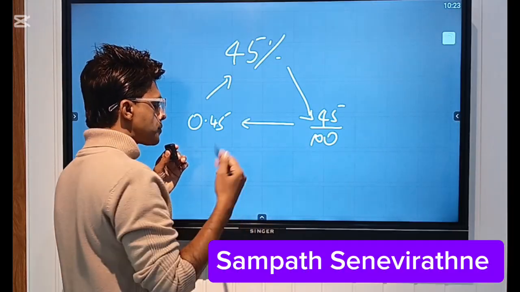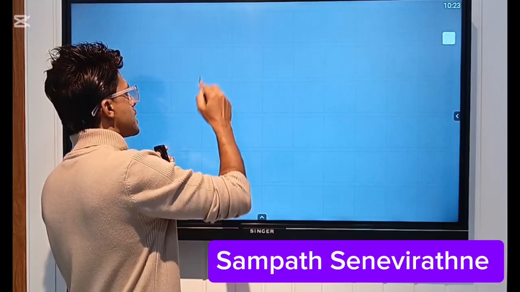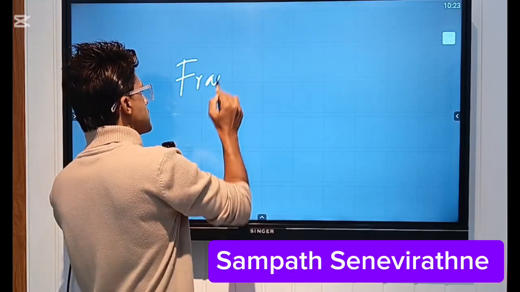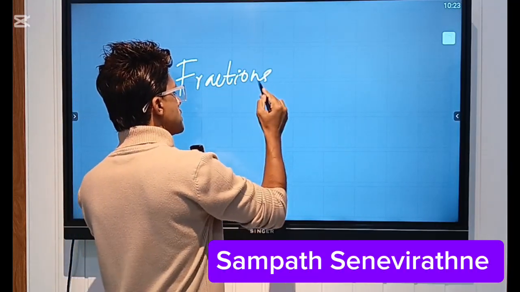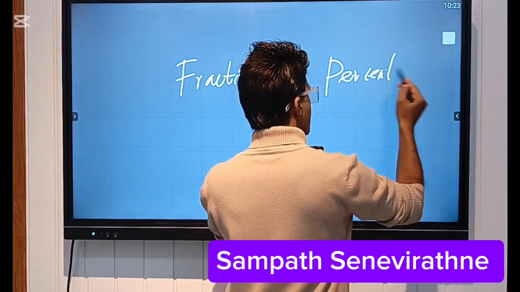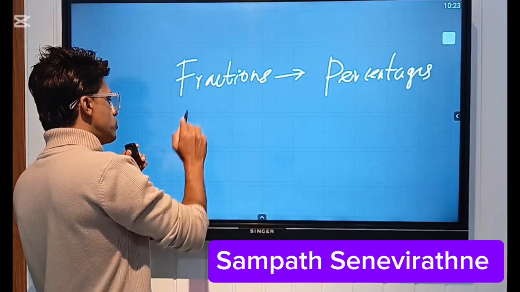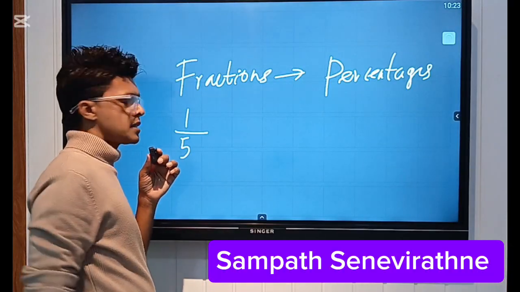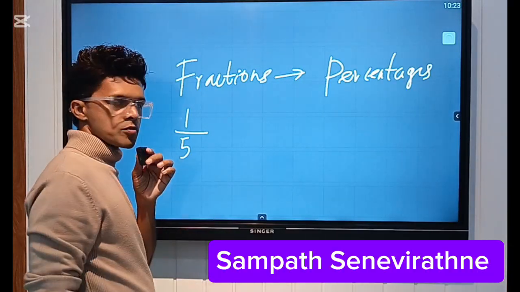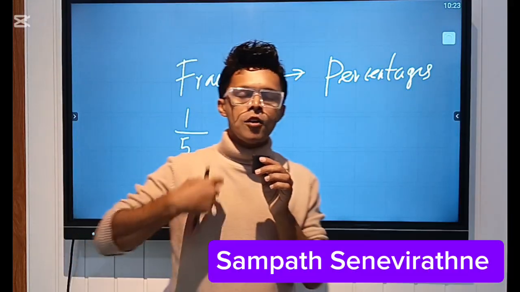Now how do you write this as a percentage? Right now we are writing fractions as percentages. Take 1 over 5 and write it as a percentage. To do so, you need 100 in the denominator.